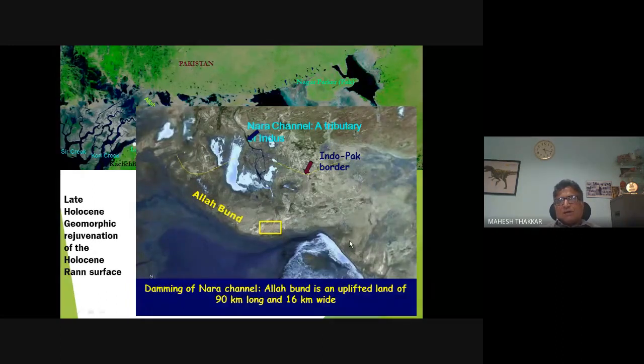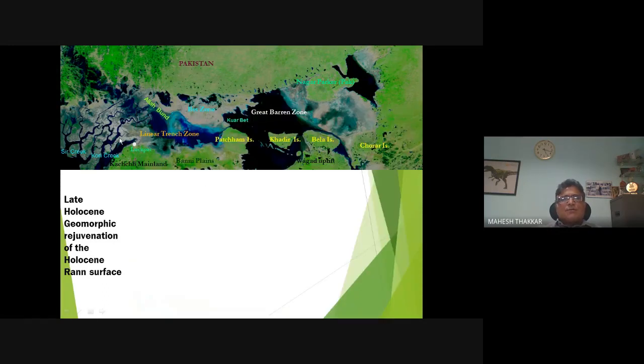So this long ridge occurred in one major earthquake in 1819, 200 years back, that has blocked this channel and stopped the sweet water of the Indus going to the Kori Creek, going to Lakhpat. And it was a big change in the demographic systems, a big change in the economic system of Kutch.